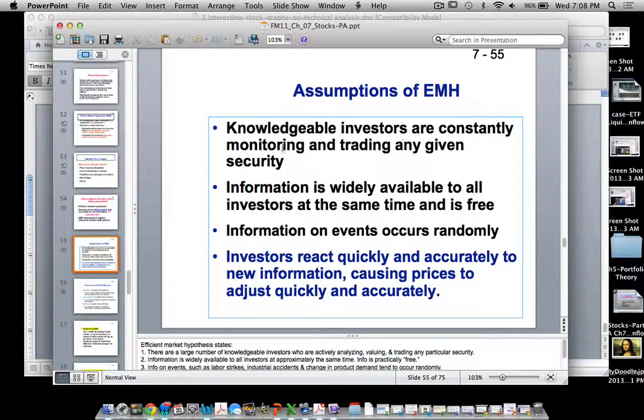Knowledgeable investors are constantly monitoring and trading any given security. That's so true, actually. Look at the 6-asset capital market that I've mentioned to you, and the MAC paper that I've done is a formalization of something I've been talking about for the last 8-9 years: the currency market, the commodities market, the real estate market, and the 3 major equity markets around the world, the US, Europe, and emerging markets.